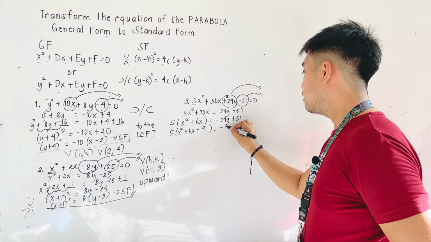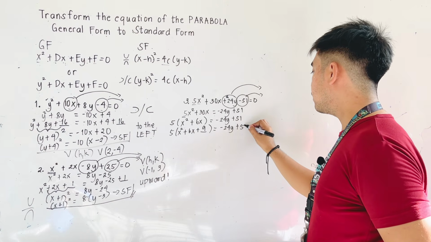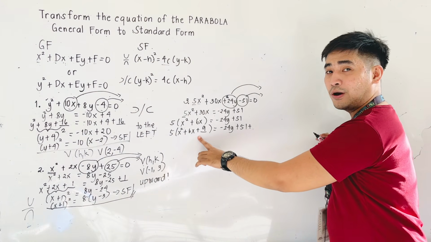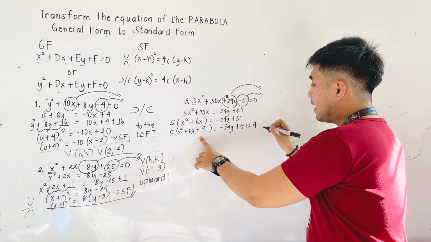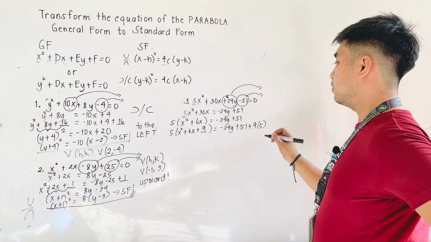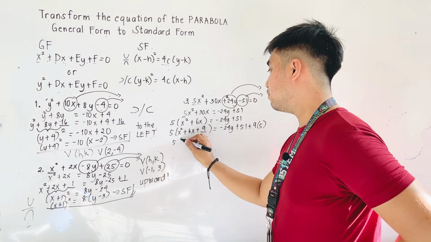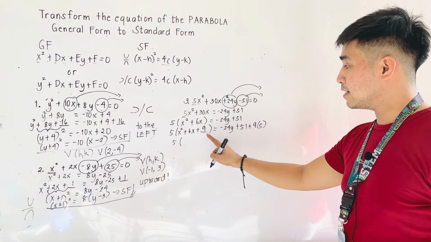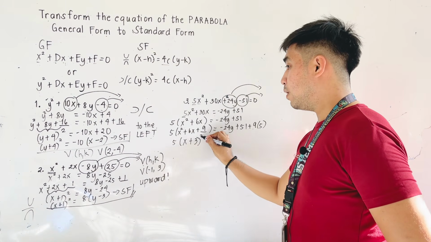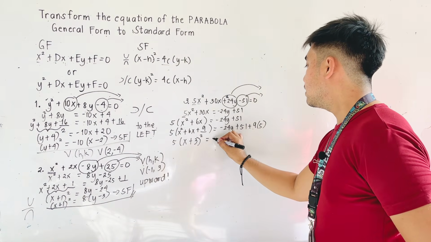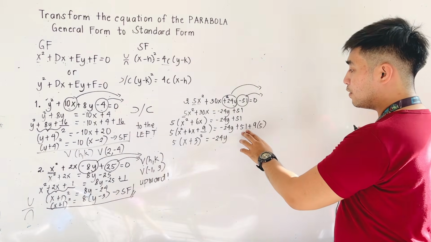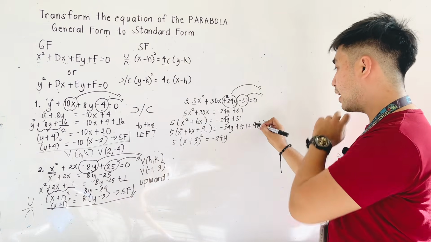Is now equal to negative 24y plus 51 plus. Are we going to add 9 only? No. We add here 9 and then multiply that by the factor, which is 5. Simplifying, we'll now be having 5 times x squared plus 6x plus 9, which is equal to x plus 3 quantity squared, now equal to negative 24y plus 51 plus 9 times 5.